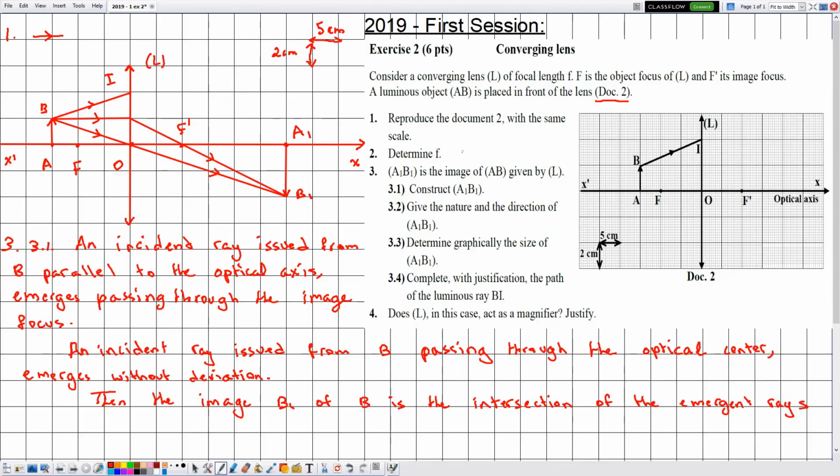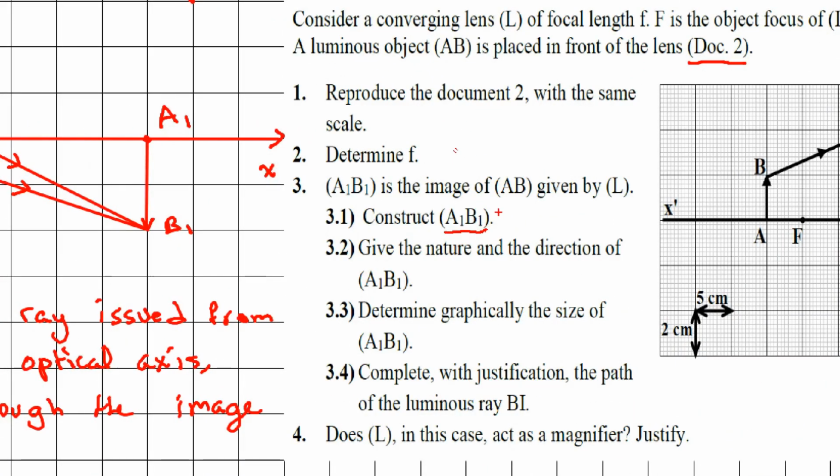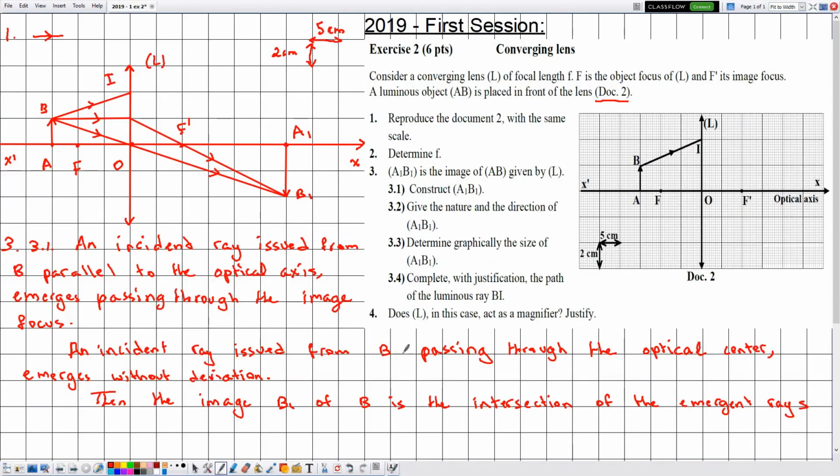Now notice that here the image A1 B1 consists of 2 points, B1 and A1. So we have justified the tracing of B1. Now we need to justify the tracing of A1. So what does A1 represent? A1 is the foot perpendicular of which point, B1, on the optical axis.